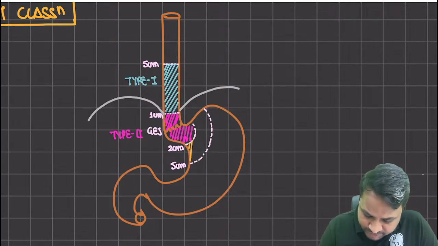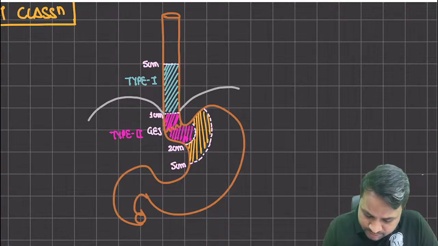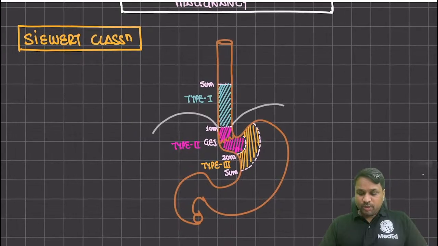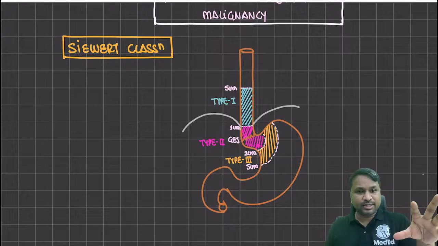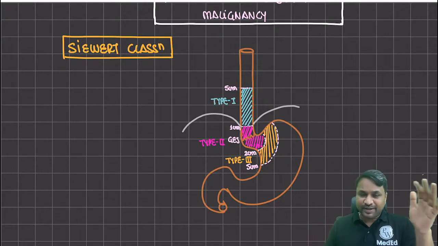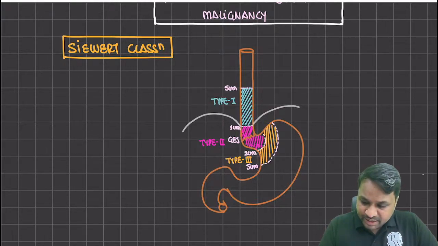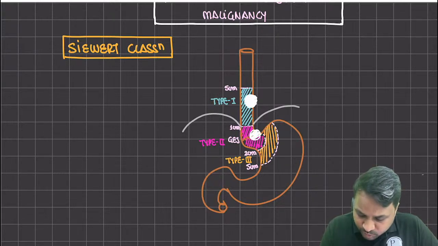And one that is present between 2 to 5 centimeters, which is here, is what we call type 3 G malignancies, right? So based upon its extent, there are three different types of G junction malignancies. Type 1 is 1 centimeter above till 5 centimeters. Type 2 is if the tumor arises 1 centimeter above and 2 centimeter below, right? If a tumor is present in this region, it is a type 1 G malignancy. If a tumor is present here, it is a type 2 G malignancy. If a tumor is present here, it is a type 3 G malignancy.